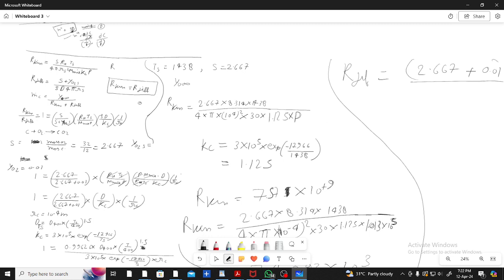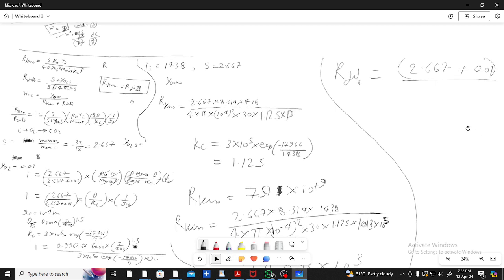Here you have to use the equation rho is equal to P upon RT into molecular weight.